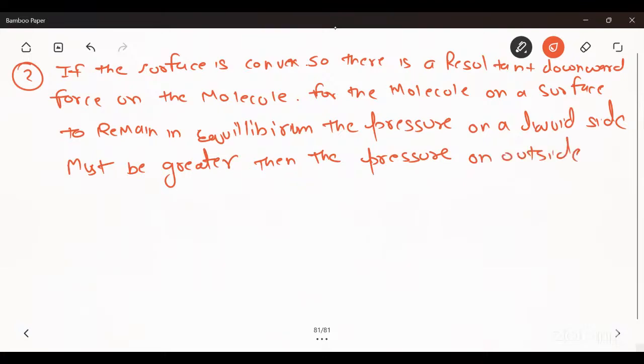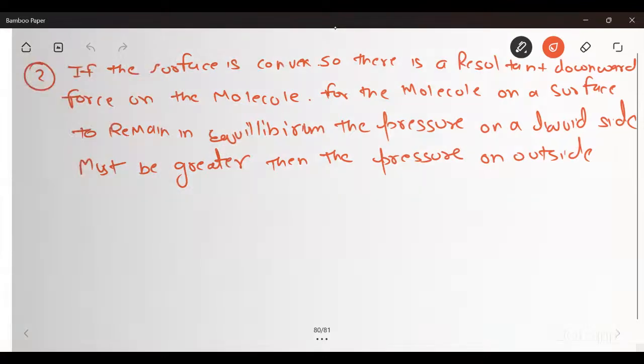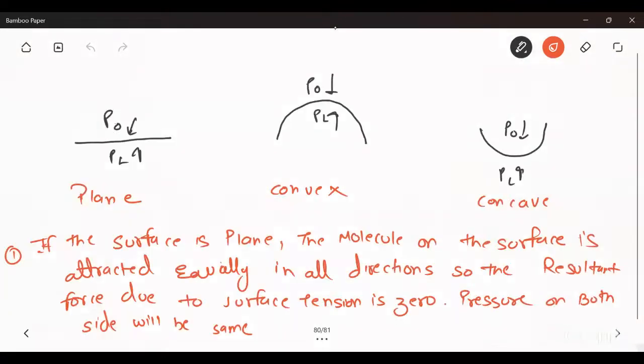And in the third case, to remain the molecule in equilibrium, the outside pressure will be greater than the liquid pressure. So that's why the figure will become concave.